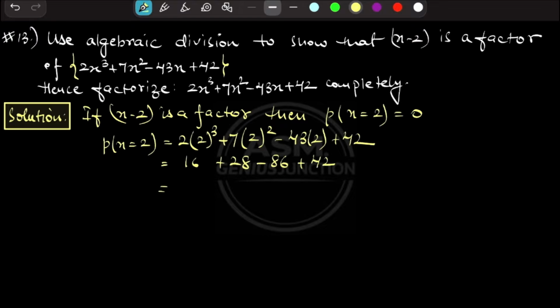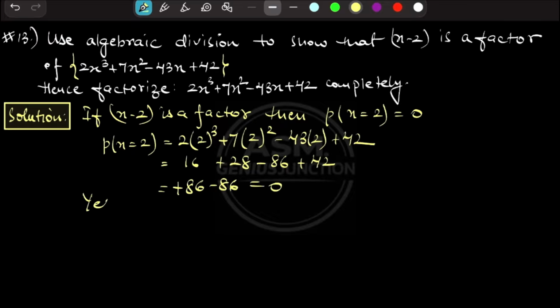Let's check. Are you getting the final answer as 0 or not? So this is 28 and 42 will give you 70. This is 86. So you are getting 86 minus 86, that is 0. So I will say yes, x minus 2 is a factor, right?